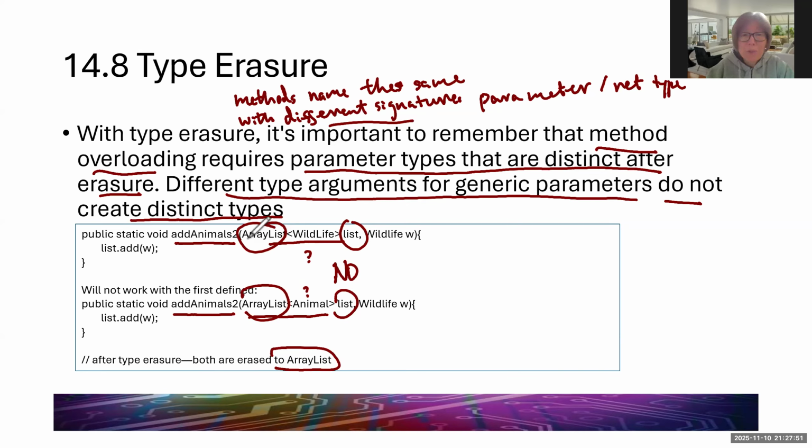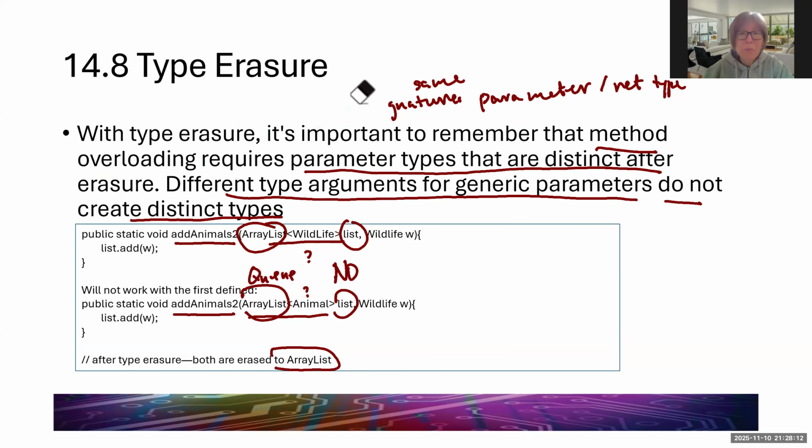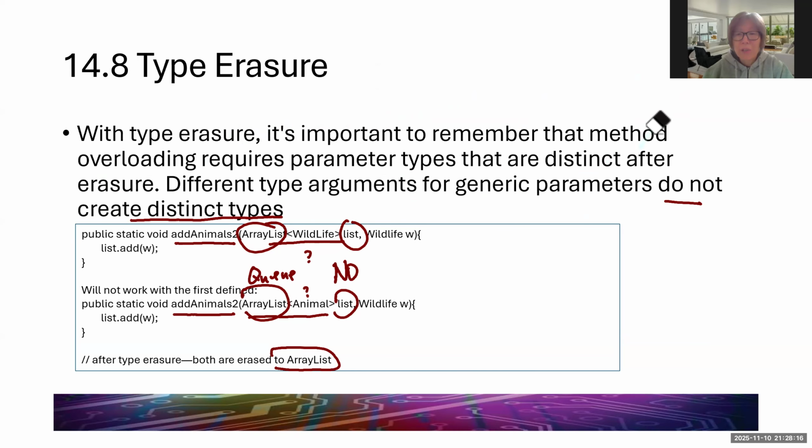But if you have one as ArrayList and another, suppose you call it a Queue, then that's fine. That can be considered as an overloaded method. Okay, so this is about type erasure. So we understand it.